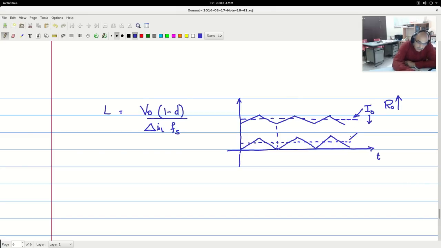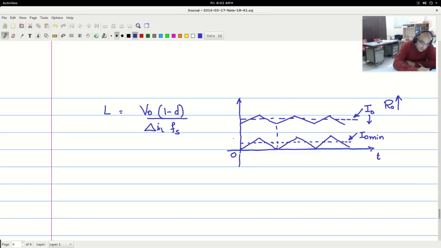So this would be considered as I naught min, minimum value of I naught. That value of I naught where the inductor current ripple just touches the zero line would be the I naught min, because the average of that will be I naught min.